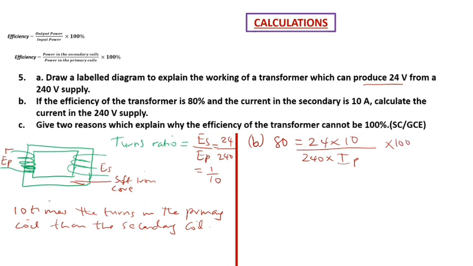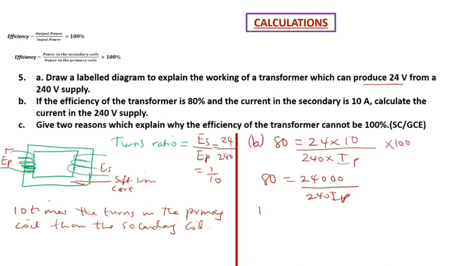So we can just work this out from here. So this is going to give us 80 is equal to 240000. Okay, when you multiply this, 24 times 10 is 240, times 100, that's 24,000. Okay, so we're good with that. So divided by 240 IP. So just take IP up.